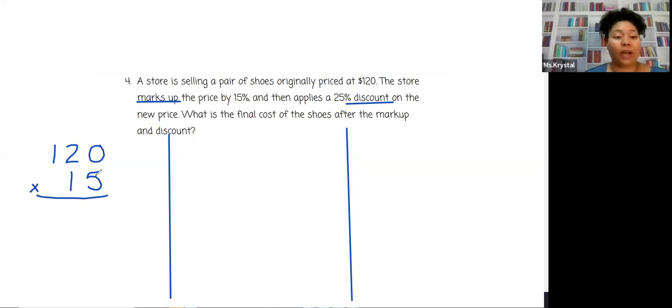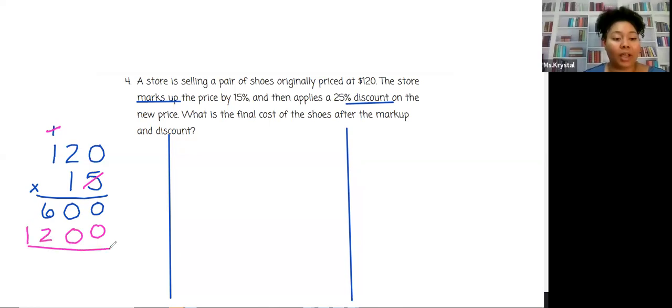All right, so 5 times 0, 0. 5 times 2 is 10. Put down my 0, regroup my 1. 5 times 1 is 5, plus 1 gives me 6. Now it's time to zip, zap, 0. I'm going to change my color and put a 0 in the 1's place. 0 times 1, 0. 1 times 2, 2. 1 times 1 is 1.